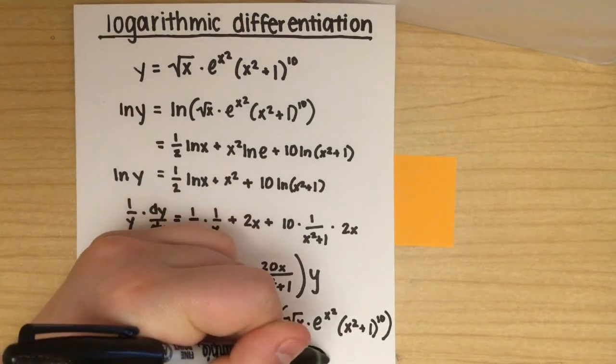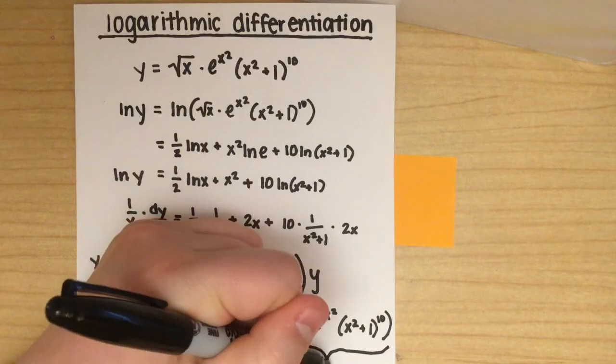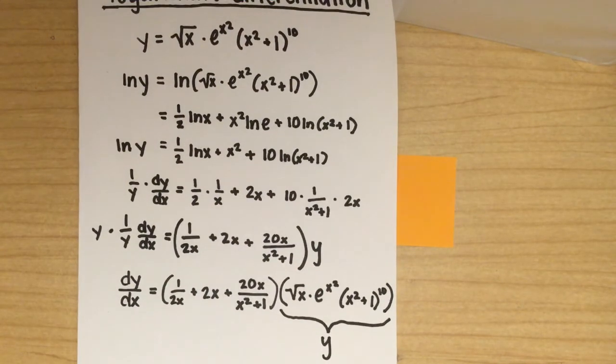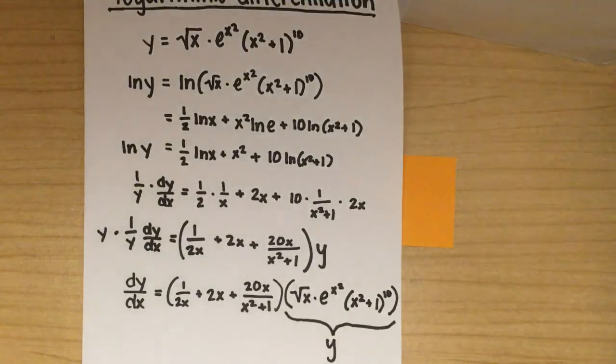And that part is our y value, but we just substituted it. So that is the end of my video about implicit differentiation and logarithmic differentiation. I hope it helps, and thank you for watching.